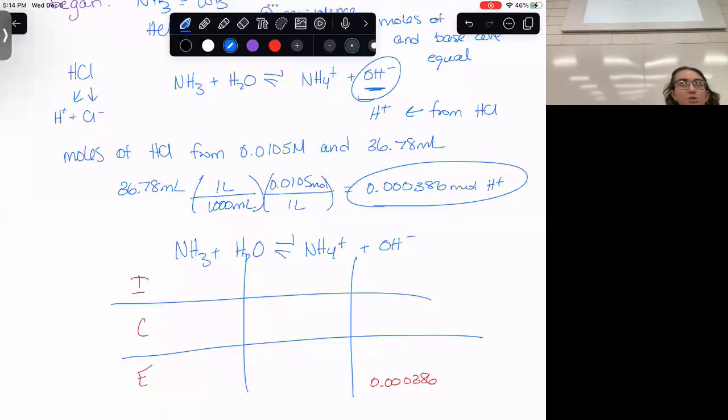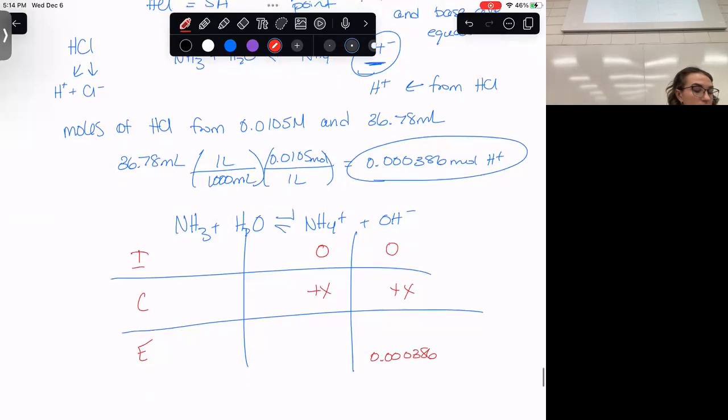So if we know OH minus, what else do we know? Yep, we know X because this would be plus X and plus X. Okay, we assume 0. So what else do we know? We also know NH4. What else do we know?